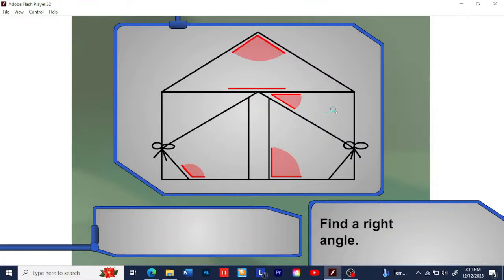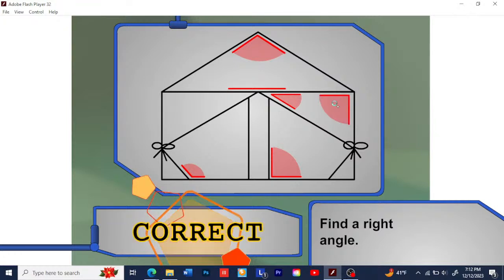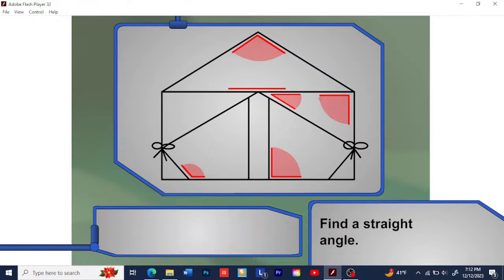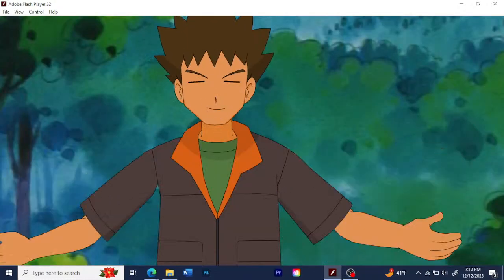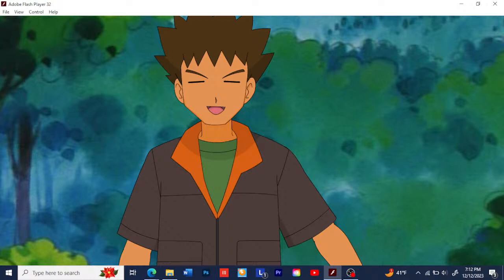Find another right angle. Way to go! Find another straight angle. You got it. Find another acute angle. All right! Find another right angle. Awesome! Yeah! We did it! The tent is up and ready to go!